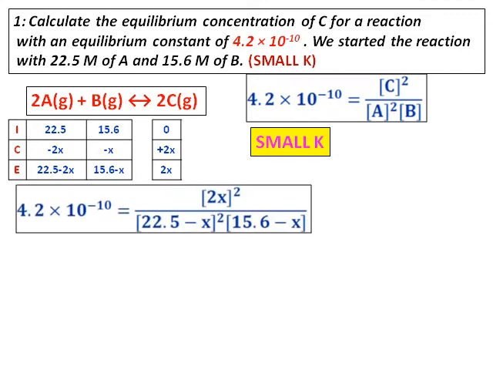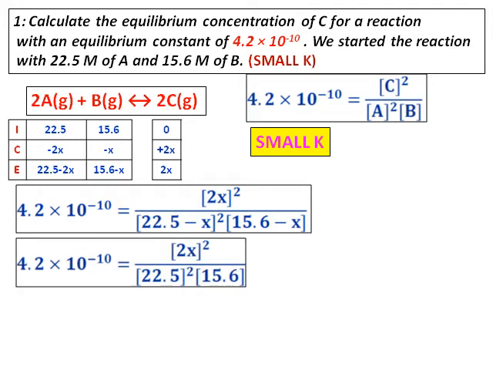When you do that, you realize you can apply the small k approximation. Comparing 22.5 and X, X is much smaller than 22.5. In the same way, X is much smaller than 15.6, and hence the equation reduces to 4.2 times 10 to the power of negative 10 equals (2x) squared divided by 22.5 times 15.6.